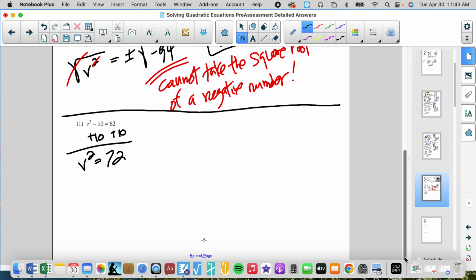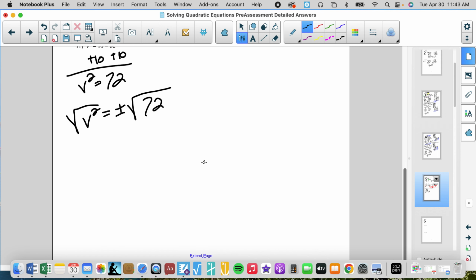It's being squared, so we isolate it. So we'll take the square root. Whenever you take the square root of a variable being squared, we do plus or minus. Square root and square cancel, leaving us with v equals plus or minus. Now, 72 is not a perfect square, so I'm going to break it down, and I want to find a perfect square factor in 72.